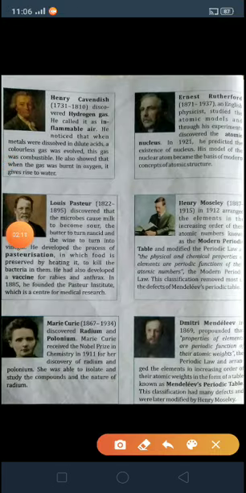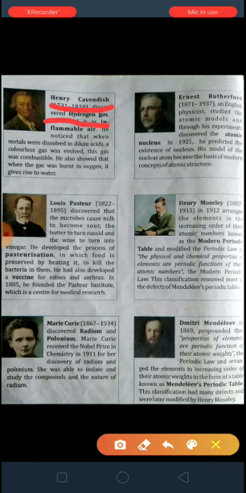The second option is Henry Cavendish. So we have to check whether he is well known for his work on the periodic table or not. Henry Cavendish is famous for hydrogen gas, not for the periodic table. So now we will check the third option, that is Dmitry Mendeleev.